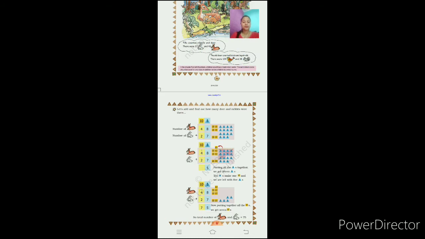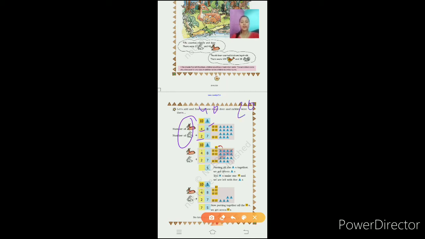Okay, so how they add the things, it's another trick or another method. First they add the number of rabbits and deer, so it's 48 and 27. So 8 is in the ones place and 4 is in the tens place. It means the value of 4 is 40 and the value of 2 is 20.